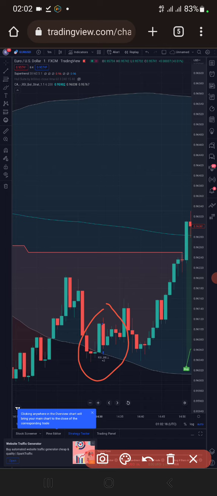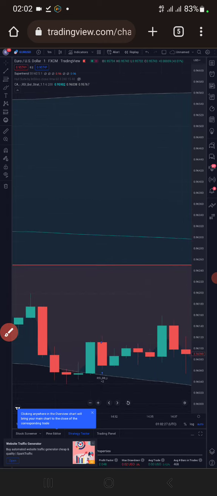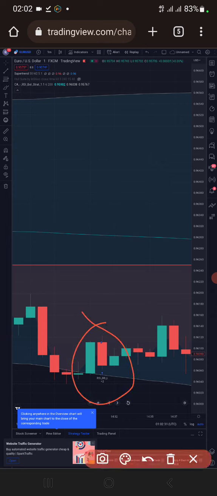And if you get this kind of notification at the top area, that means it is overbought. So you get a notification to know that this is overbought and this is oversold.